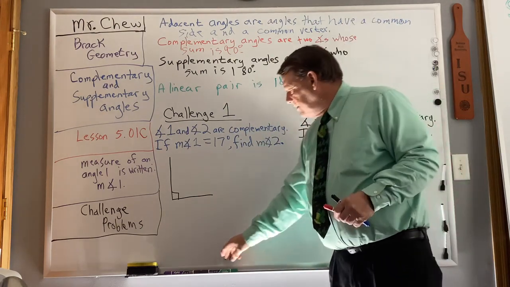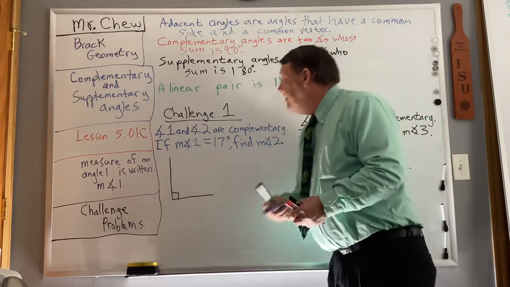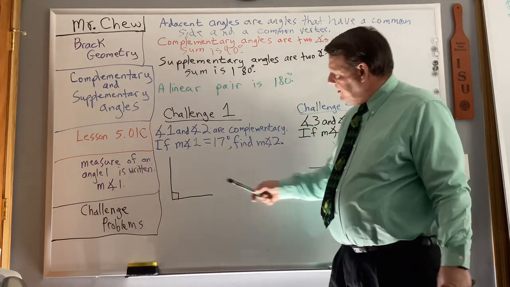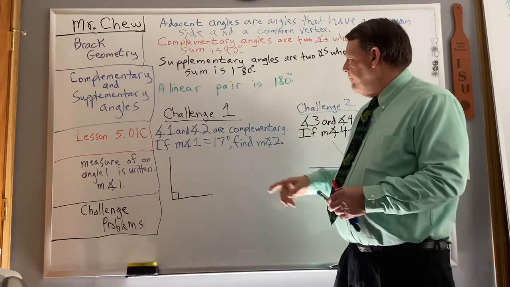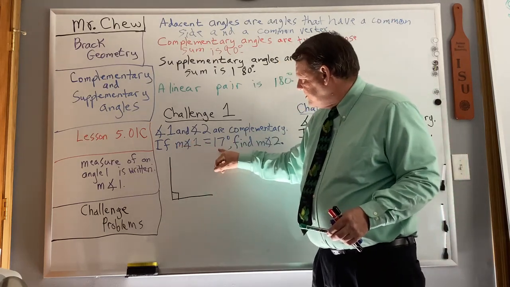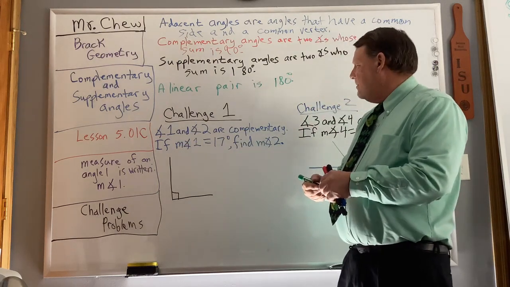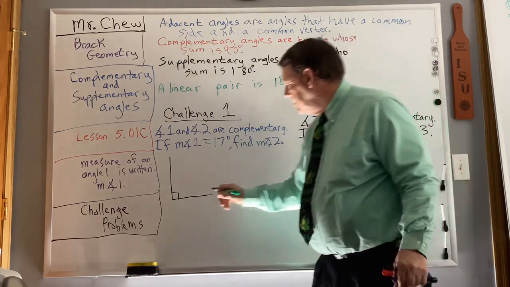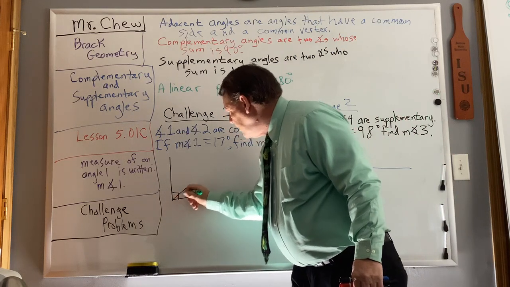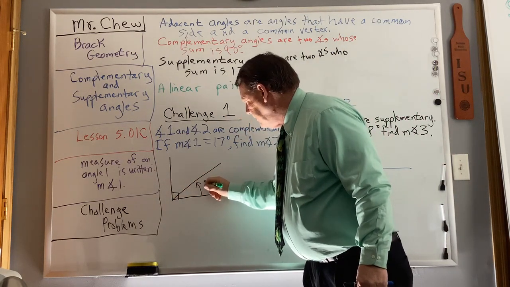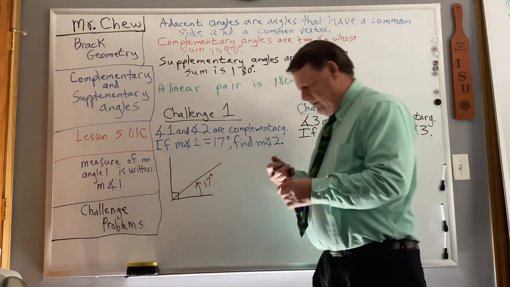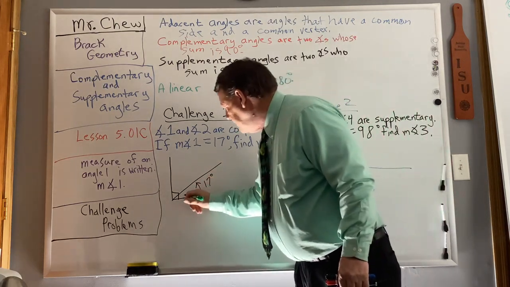So in challenge 1, we said that angles 1 and 2 are complementary, so I can automatically just draw that right angle. And we're saying that the measure of angle 1, it's a small angle, it is 17 degrees. So it'll be a small angle here that is 17 degrees. And we call that angle 1.